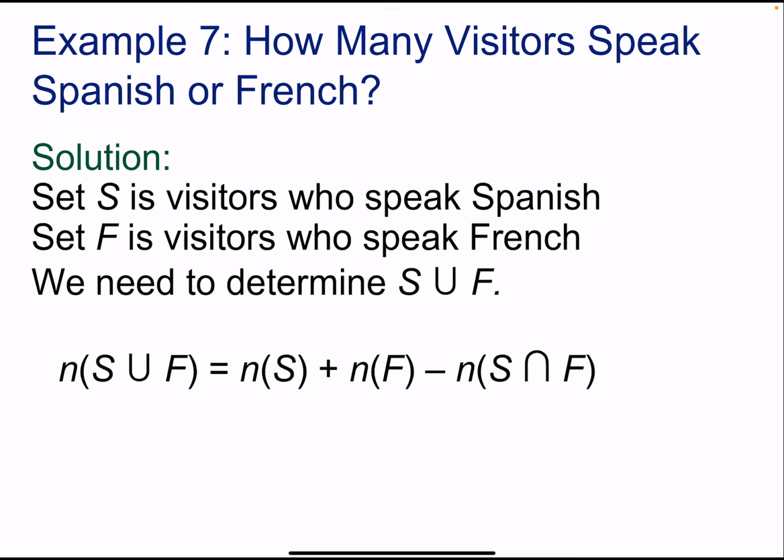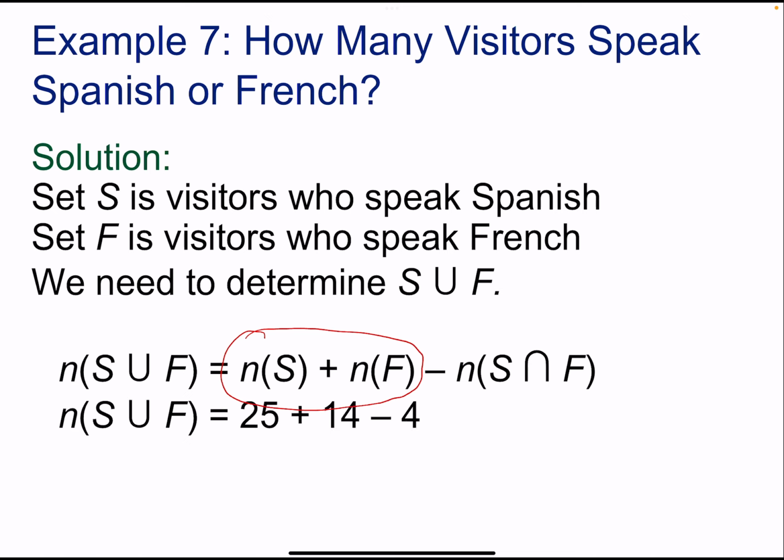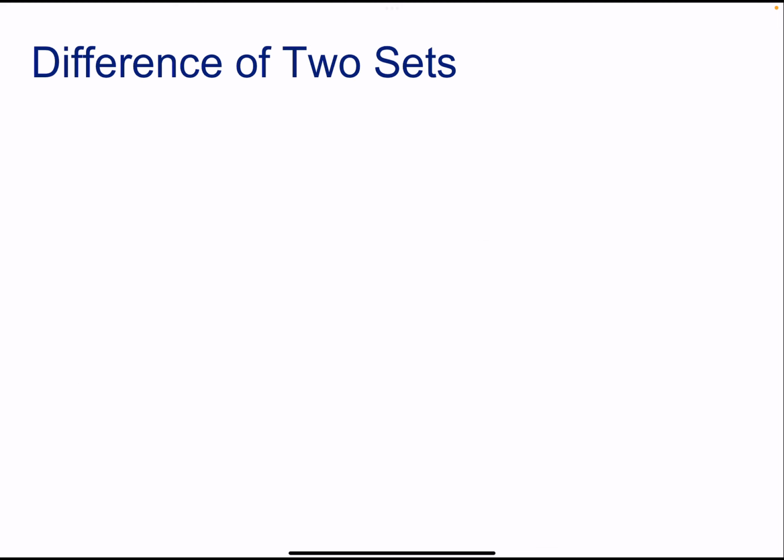Because there are two copies included when we only count the sum of the number of elements from each set. So we apply the formula: 25 plus 14 minus 4. That will give me the accurate, or distinct, number of people in this survey.